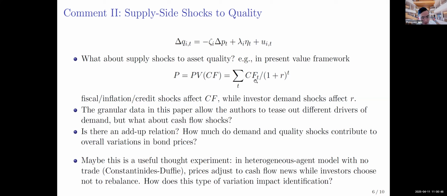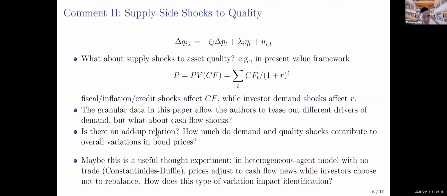So the relevant question here is, I think most of the effects estimated through investor demand go into the discount rate. But there is also a large amount of treasury price variations driven by the cash flow shocks. So I wonder, in the spirit of bringing this back to this standard finance valuation relationship, is there anything we can say meaningfully to connect to the demand system literature?